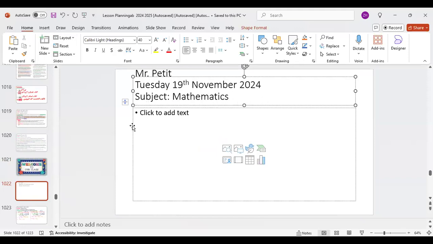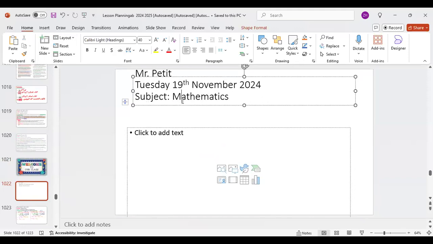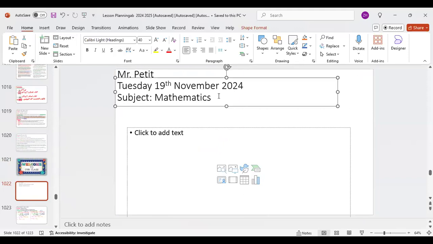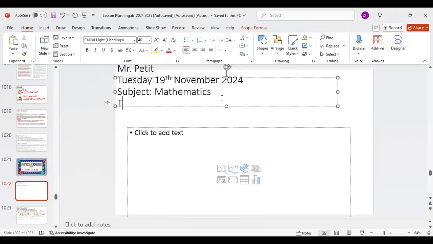And we're going to be looking at the topic: simplifying algebraic expressions.